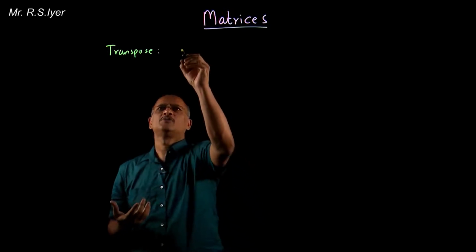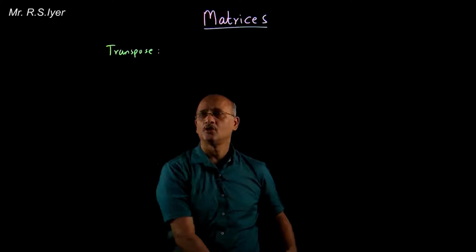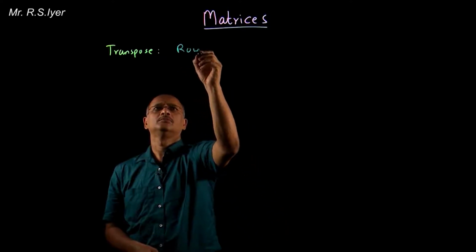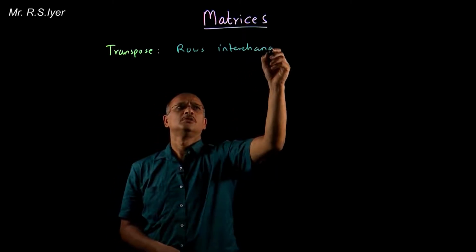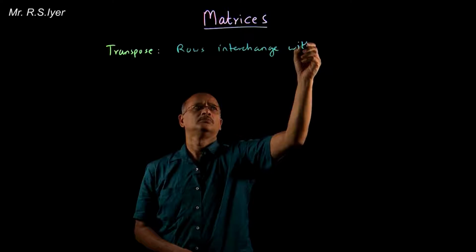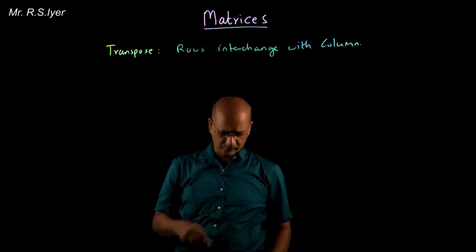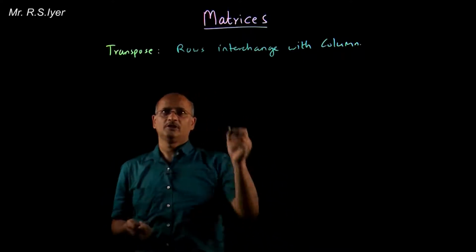So rows interchange with columns. This is the first thing. Let us see how it looks and how it behaves.